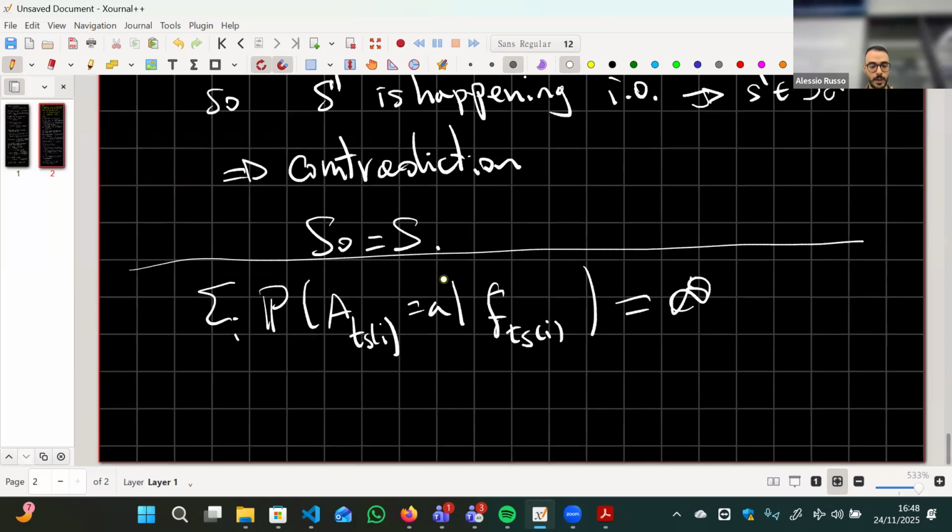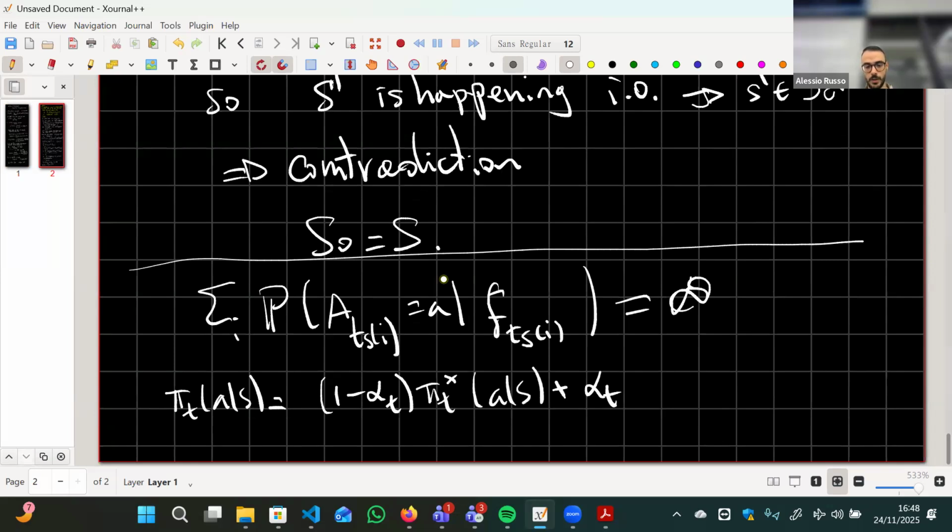So for example, let's say we choose alpha and phi in a certain way. So we're going to choose, for example, alpha t to be equal to 1 over the number of times we visited state S. And then phi t will be simply a uniform distribution.